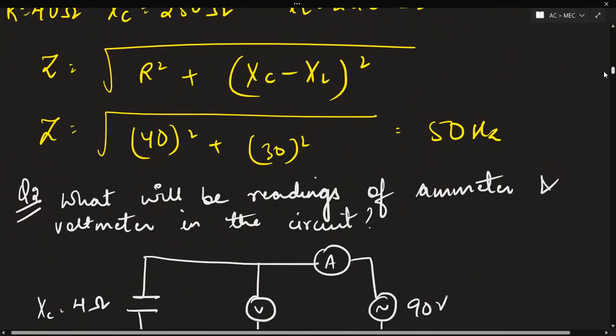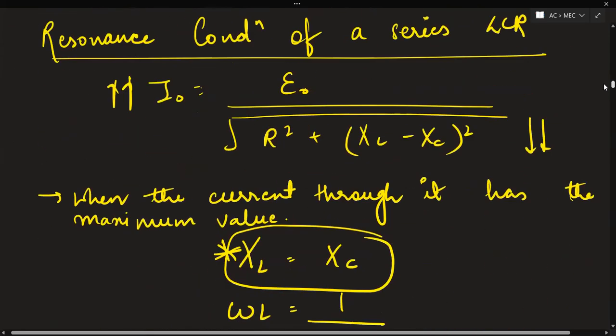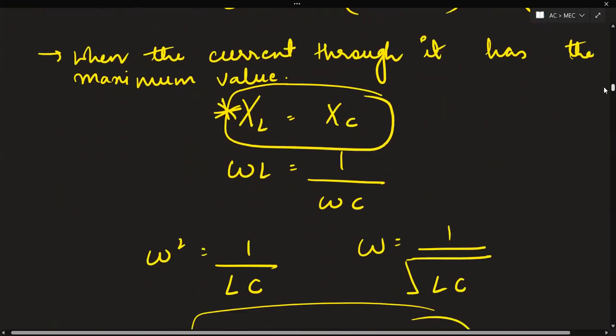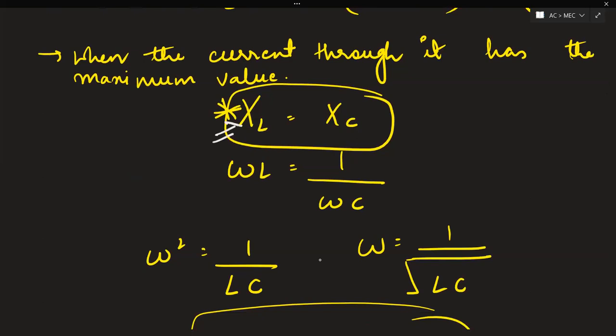Then we had seen the resonance condition where XL was equal to XC. This was the main thing of prime importance. This you have to remember. From here you have the value of angular frequency. Remember this, the angular frequency at resonance condition will be used a lot in today's class, so I'll be asking you the values. Omega R is what? 1 by under root LC.